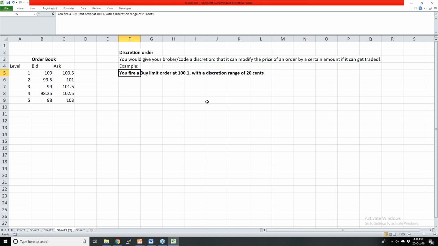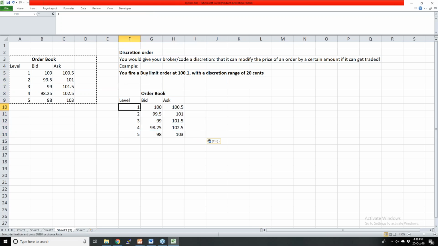So there's a discretion range of 20 cents.